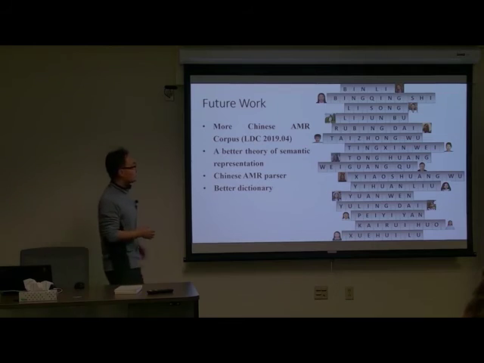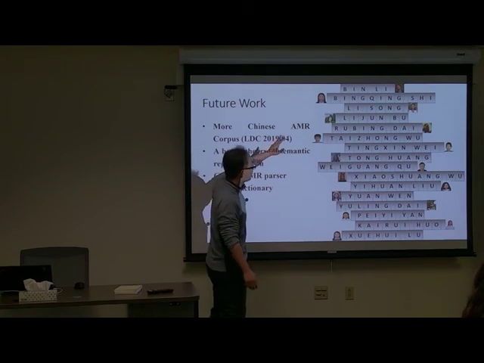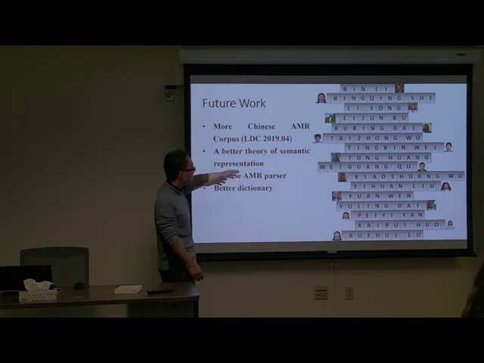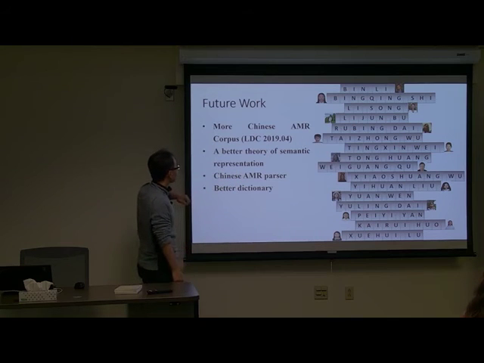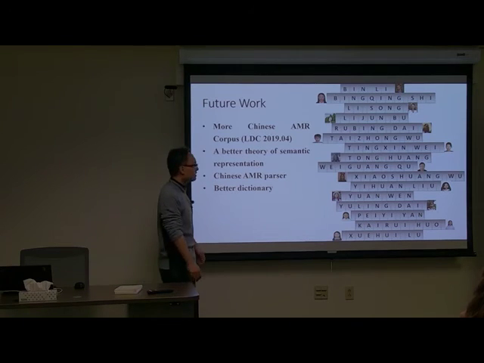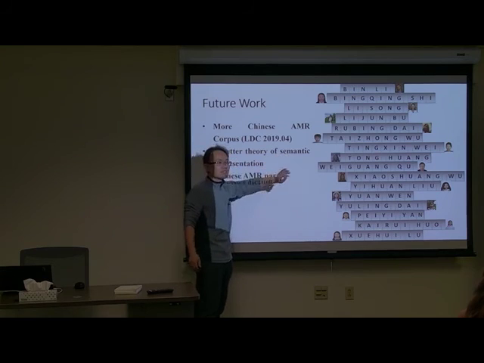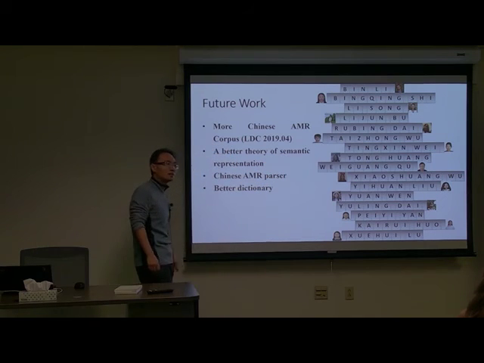So this is our team. Some of them are my students, and some are professors. So in the future, we want to refine the guidelines and get a better theory for the semantic representation. Maybe not just semantic. I think for the functional words, we have to treat them equally. So just a theory of representation of sentence structure.